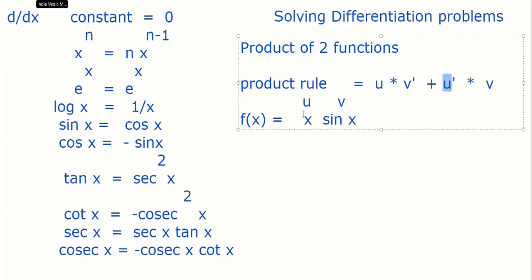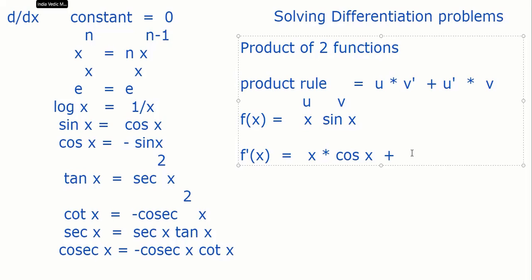So in this case, my x and sin x are two different functions. So if you have to write f dash x, very easy. I'll write the first function x as it is, times differentiation of second function, which is sin x. What is the differentiation of sin x? Cos x. Plus, then I'll do differentiation of first function.